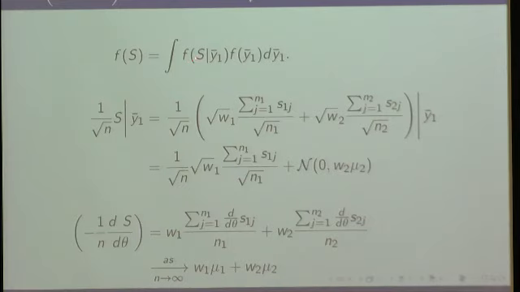One way to look at that would be to condition S on y1 bar and then integrate out y1 bar. If we condition on y1 bar, the first term is constant and the second term is normal.